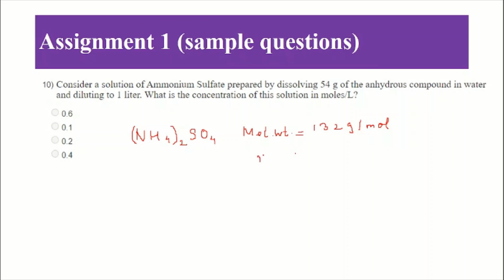So number of moles, n, will be 54 grams upon the molecular weight, 132 grams per mole, which comes out to be 0.409 moles. And we now need to calculate the molarity or the concentration in terms of moles per liter.